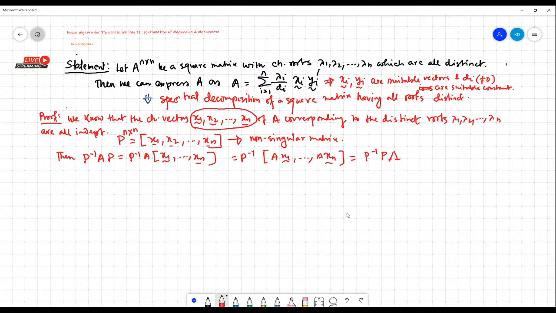This follows from the definition of xi curl: A xi curl equal to lambda xi curl.